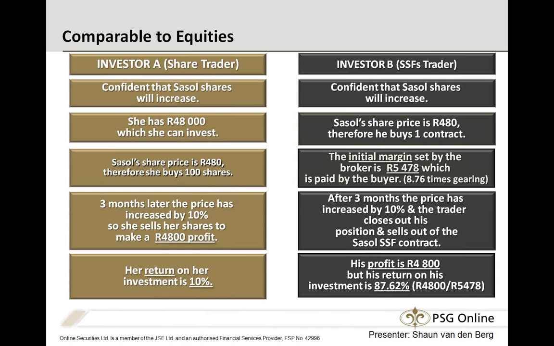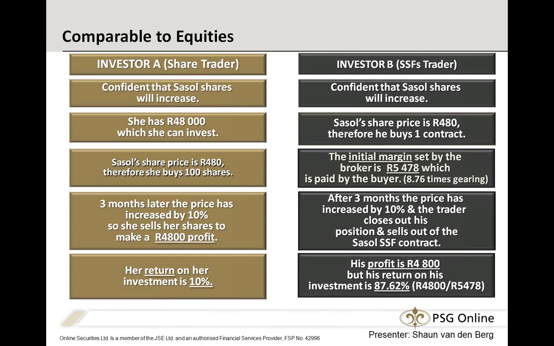Also optimistic about Sasol's share price going up. Okay, the underlying share is trading at 480 rand. So she goes and buys one contract. Remember, one contract is equal to 100 shares. Exactly the same scenario, but the only big difference is now I put down an initial deposit, or initial margin. In this situation, the initial margin in rand terms is 5,478 rand to have exposure of 48,000.